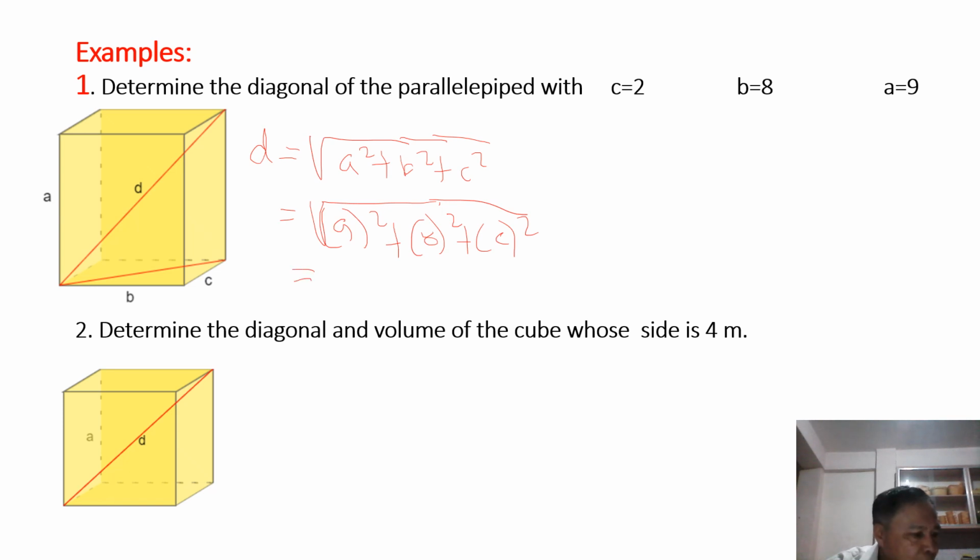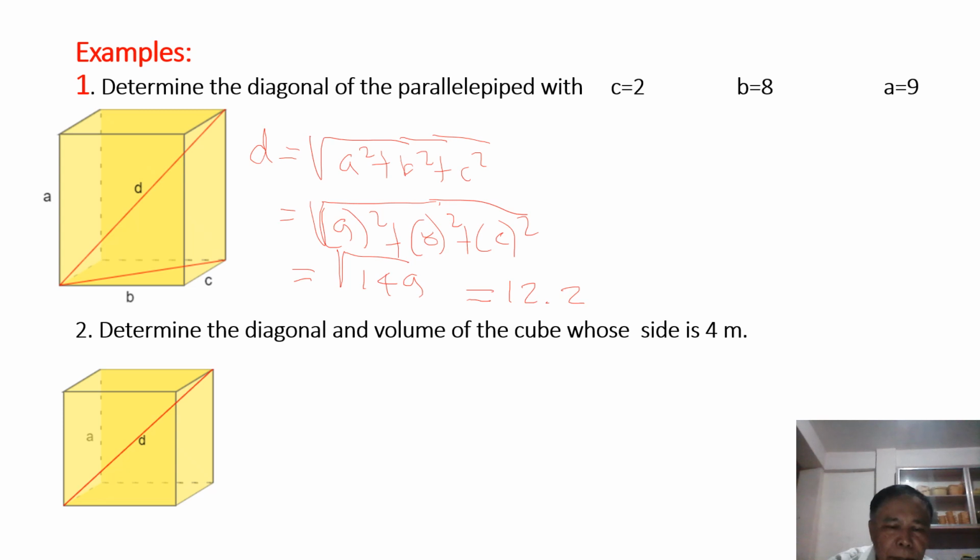Your diagonal would be equivalent to the square root of 149, or equivalent to 12.2.